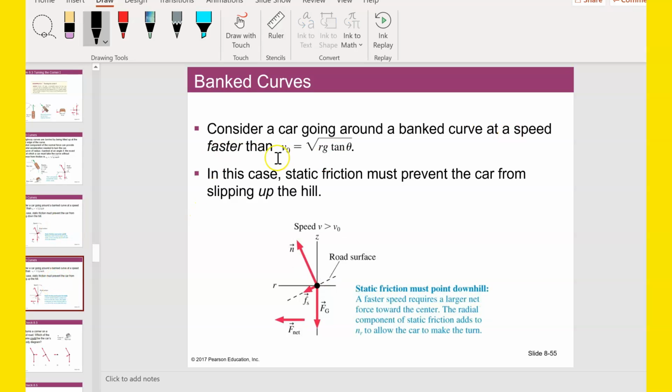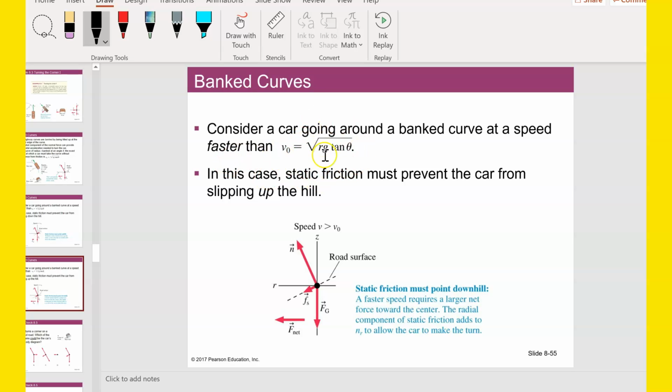If a car was going around the curve faster than that max speed, and the max speed is actually talking about the maximum speed that it could go if there were no friction, just due to the bank of the curve, with no other force, then friction would come into play.